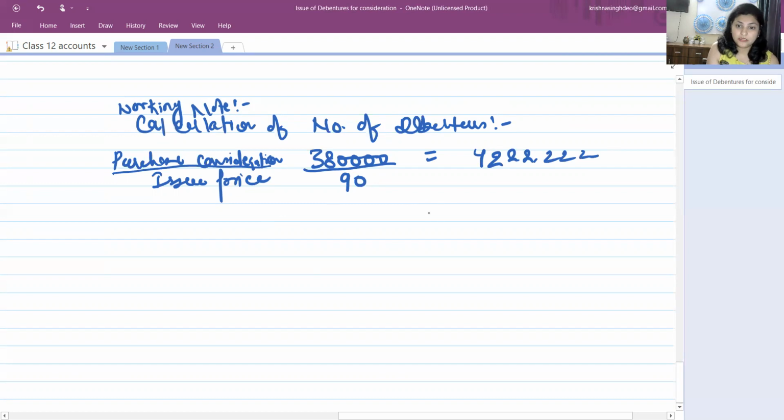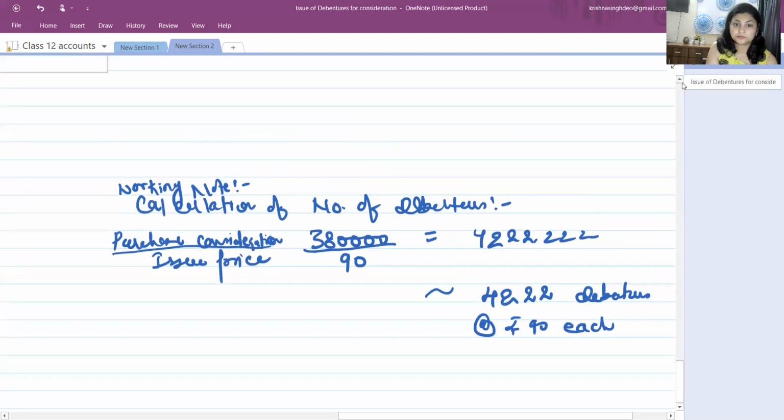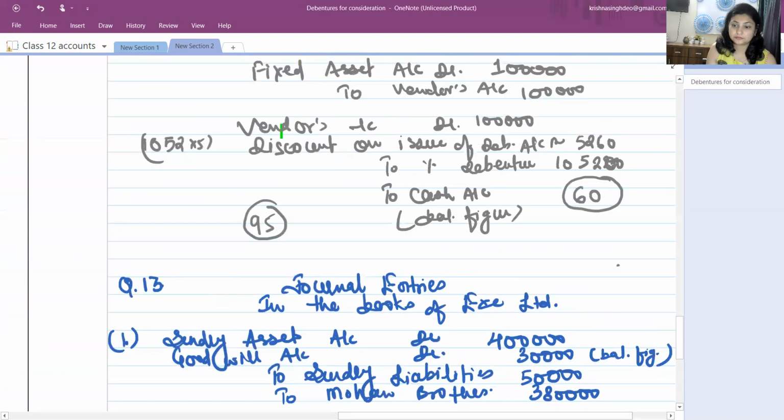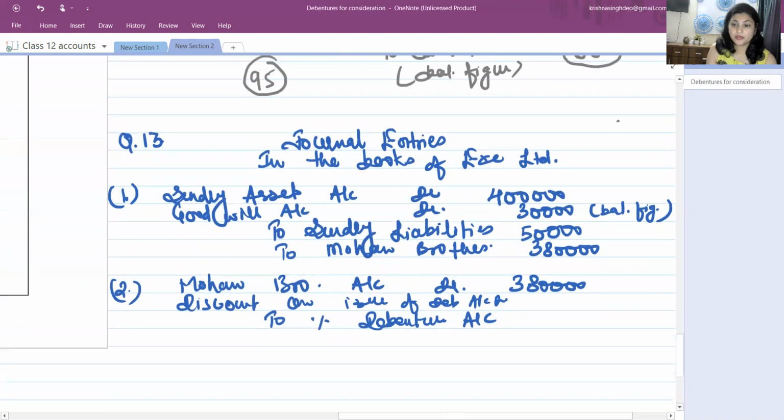Obviously we will issue 4,222 debentures at the rate of rupees 90 each. So here for percentage debenture we are going to write 4,222 multiplied by 100.